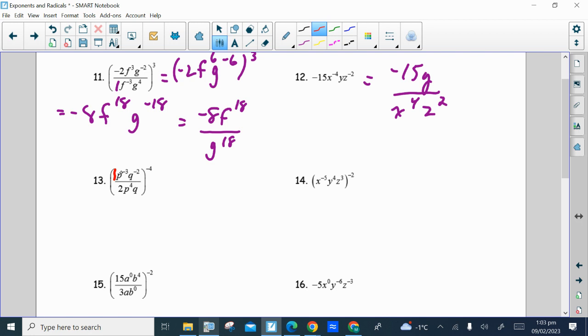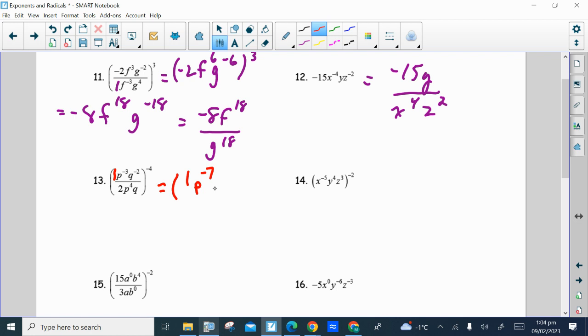I can divide the p's, though, because you're dividing powers with the same base. The law says you subtract the exponent and the base stays the same. So when you subtract the exponents on p, negative 3 take away 4 is negative 7.